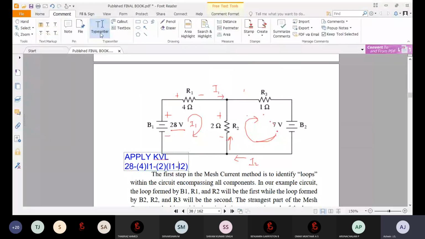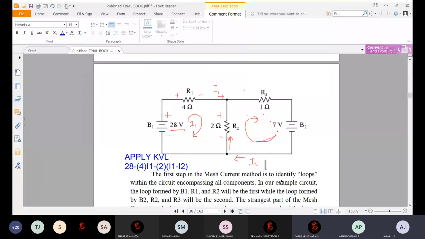So in the second case, how will you write? Now write the loop equation. Can you try?